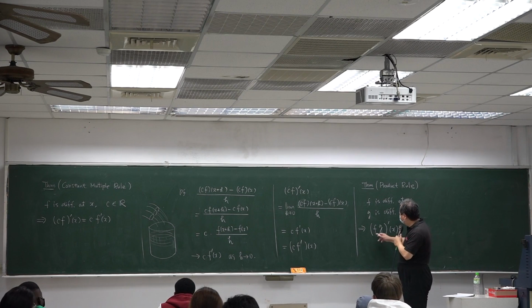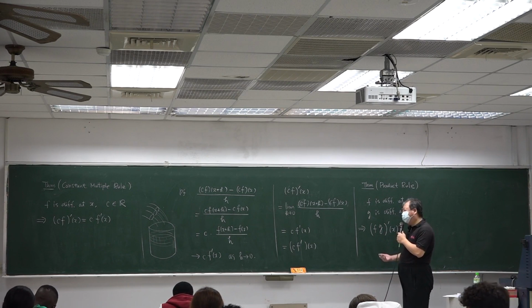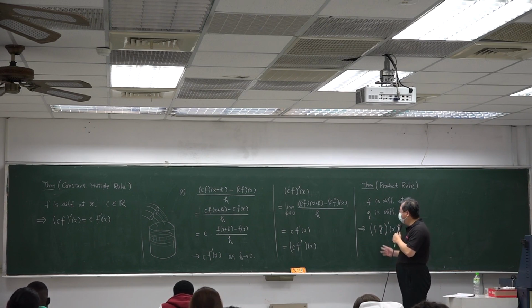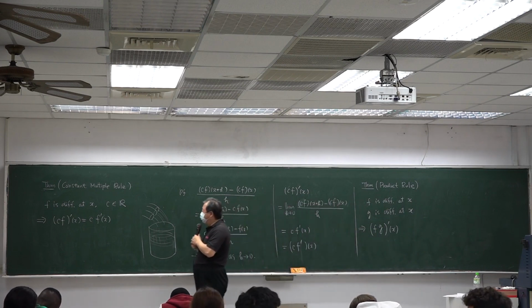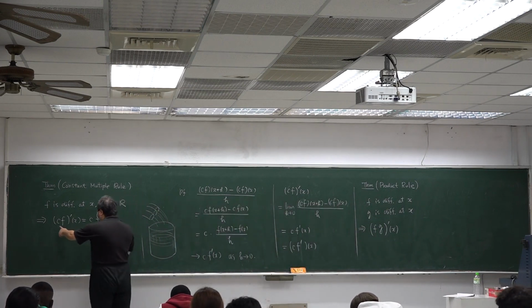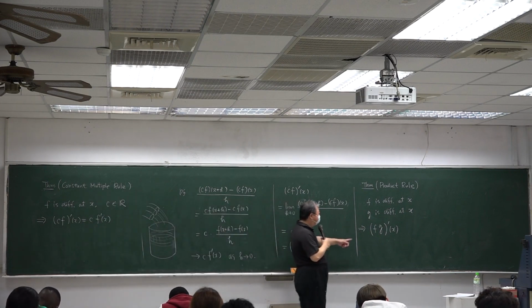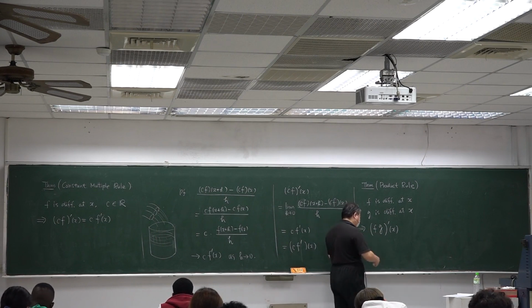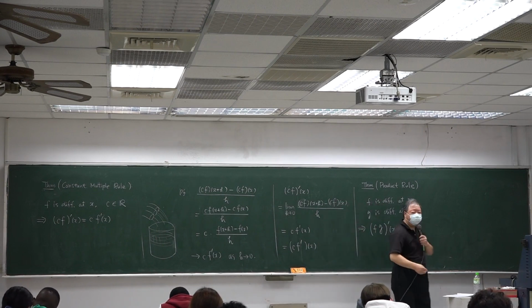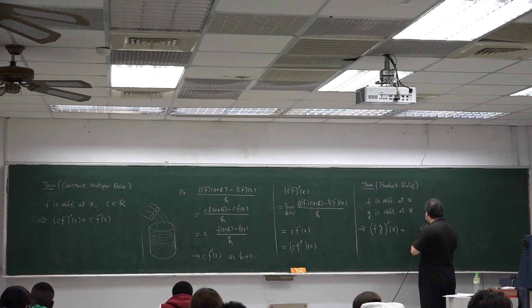Around x, this is almost f of x. So the effect is just like this one. c now is the number f of x, and f of x times g of x. Therefore, the rate of change becomes this one.